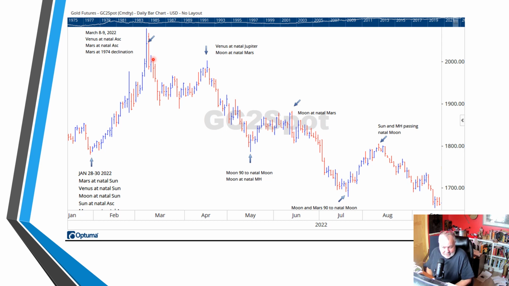And that right there is something that W.D. Gann liked to focus on. When he was looking at commodity futures, he would determine the date that they first started trading, and he would determine the declination of the planets, most notably Venus and Mars, on that first trade date.